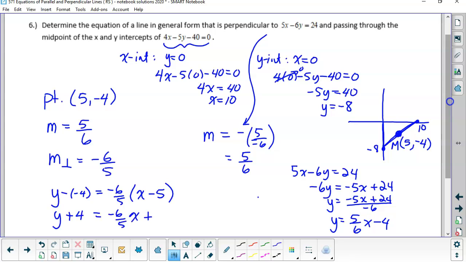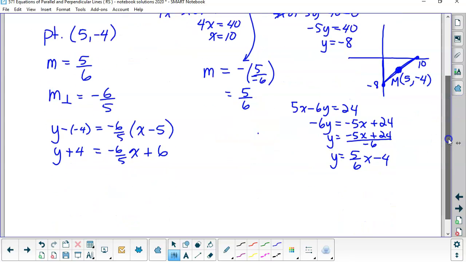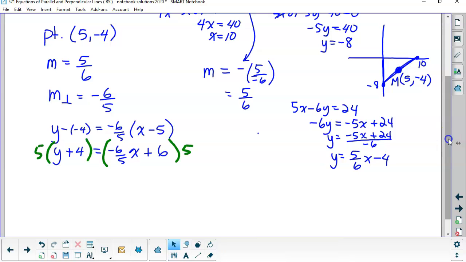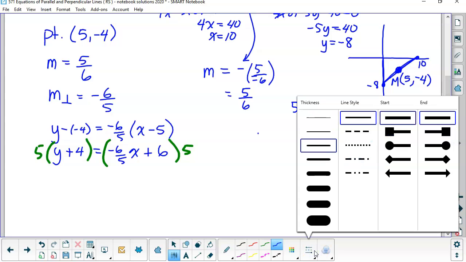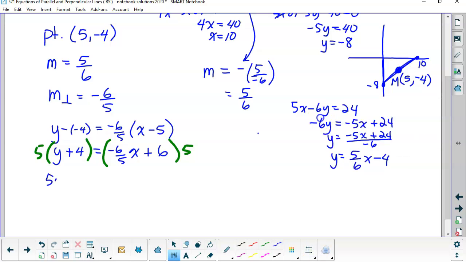Expand out. Okay, and then get rid of the fraction. Yeah, so that's by 5. And then everything on one side.